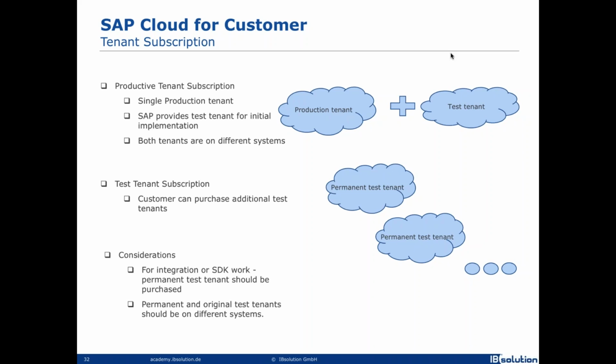It's controlled by SAP. If you want, you can subscribe for what are called private clouds. This will allow you to use a single system for your test tenant and also for the production tenant afterwards, but of course the prices are slightly different. So the test tenant and the production tenant will have to be on different SAP systems, because when they upgrade the system where the test tenant is, all the tenants within the test system will get this new version. And 2 weeks afterwards, they will also upgrade the system where the production tenant is.